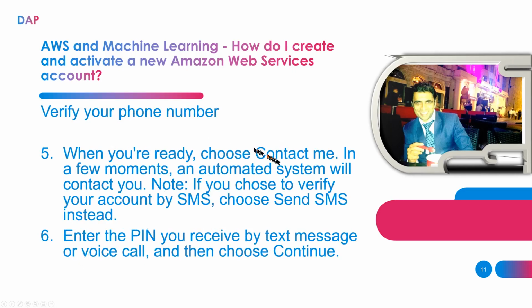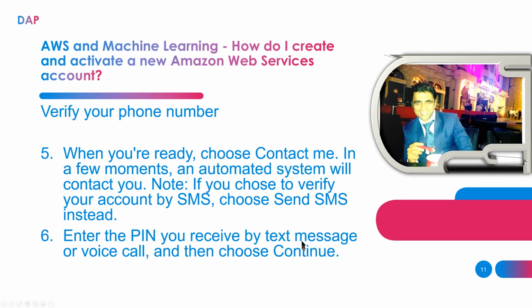So when you are ready, choose contact me. As I said, in a few minutes an automated system will contact you. Note, if you choose to verify your account by SMS, choose send SMS instead, and enter the PIN you received by text message.